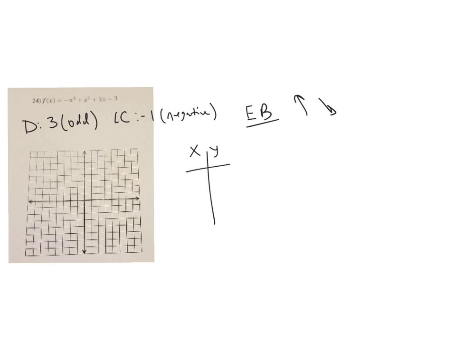So I'm going to make an XY chart. I'm just going to start with negative 2, negative 1, 0, 1, and 2. Now I purposely leave a little space in case I have to add some numbers. So I'm just going to plug my numbers in. I plug negative 2 in for x.